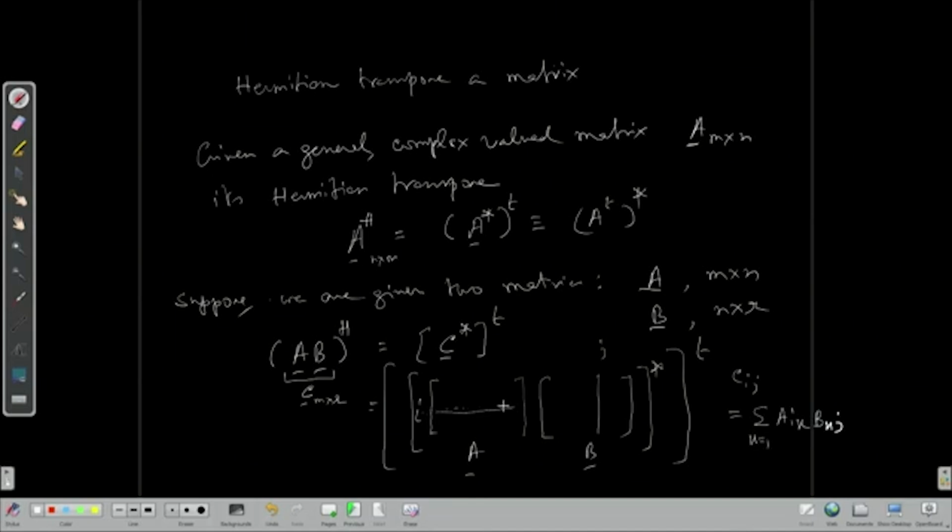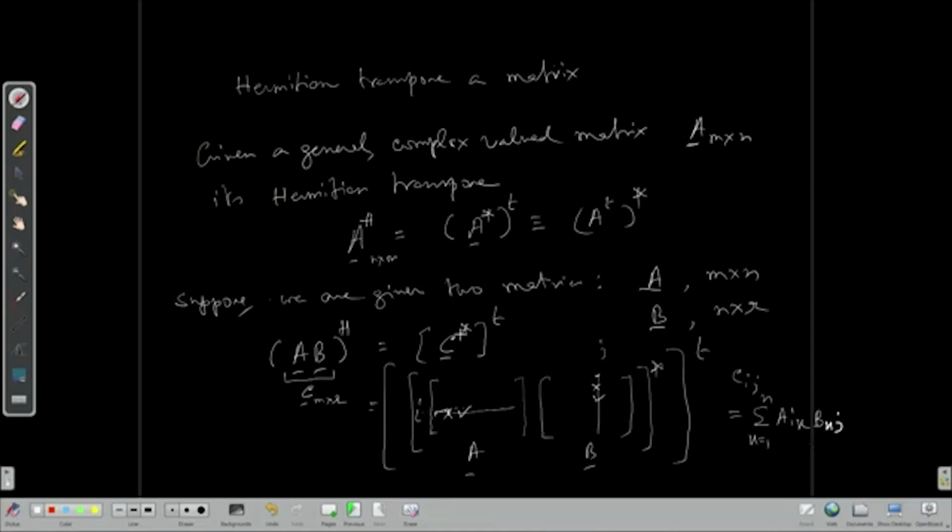How many? n columns, so k is 1 to n. A_i1 B_1j, then A_i2 B_2j, then A_i3 B_3j, like that you add, up to n terms.